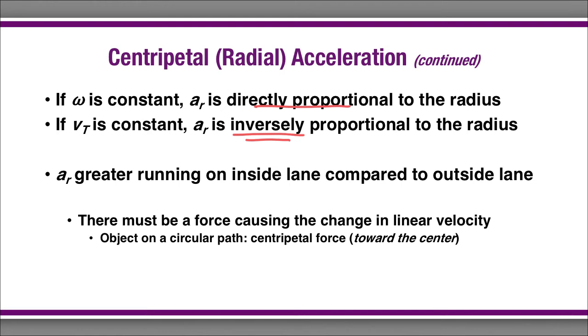A runner in the inside lane has to exert more centripetal force via friction than a runner in the outside lane if both runners have the same linear velocity. The centripetal acceleration of the runner in the inside lane is greater because of the smaller radius.